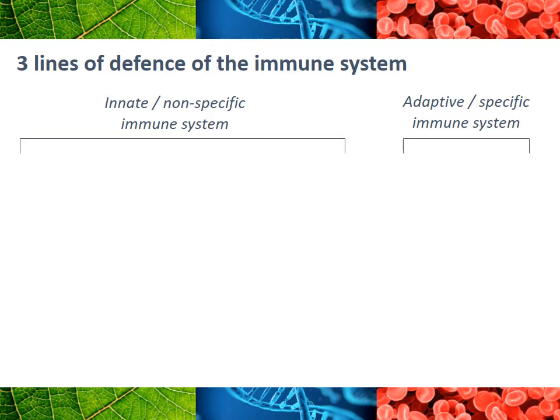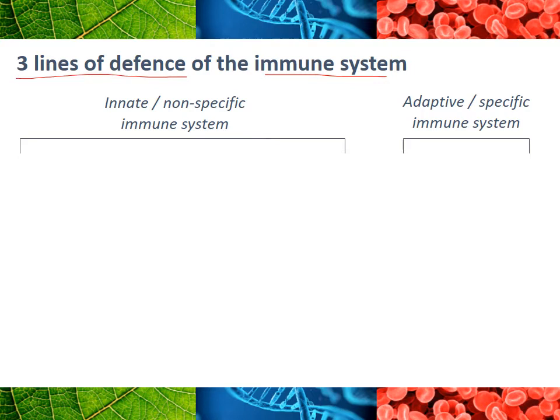I think it's really important to be able to refer back to see what we are looking at. So, the immune system. It's often referred to as having these 3 lines of defense. What we're talking about here is kind of 3 steps of immunity.